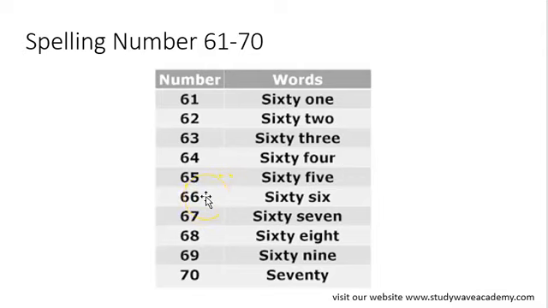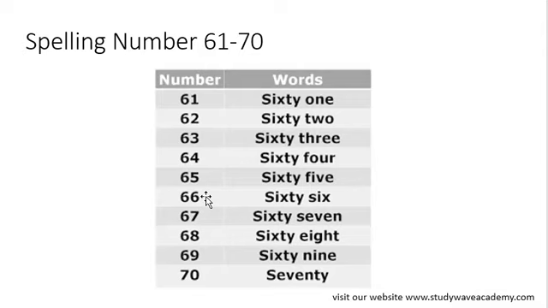Good. And the next number we have there is 66. How do we spell 66? We spell 60 and 6 together. Okay? And how do we spell 60? S-I-X-T-Y.